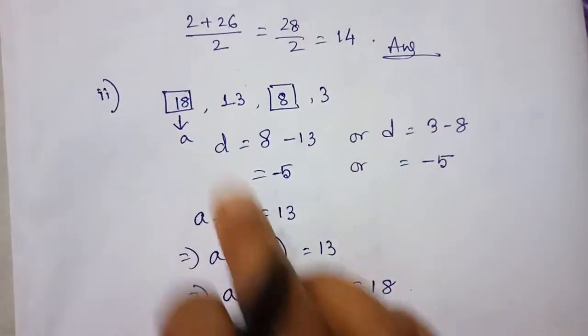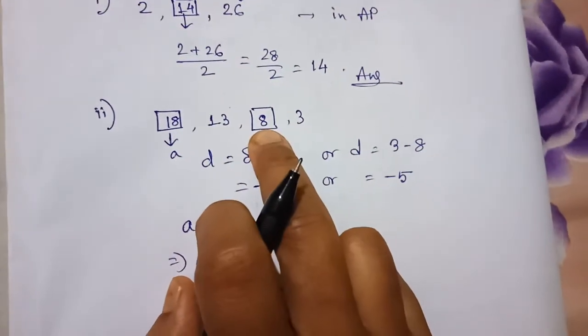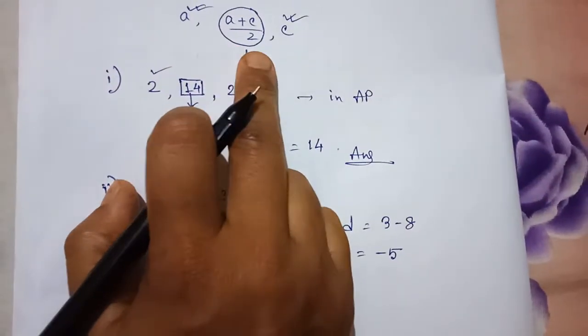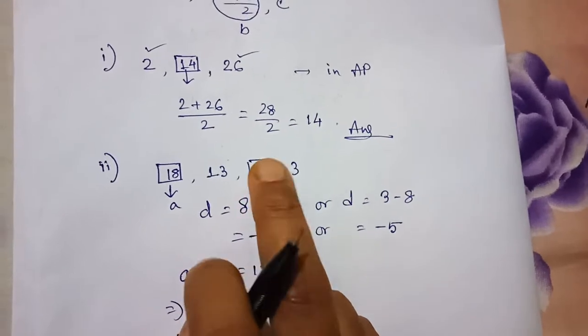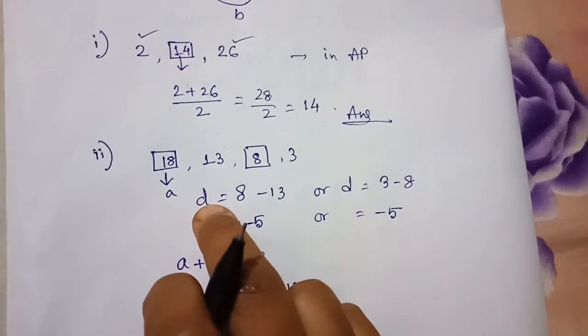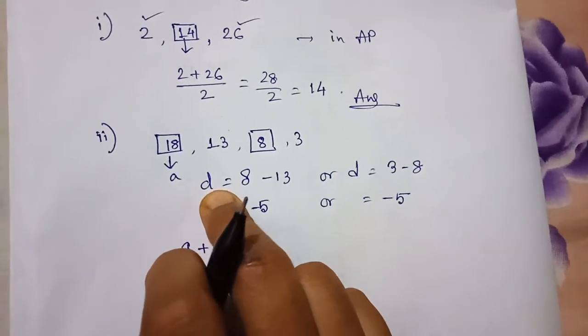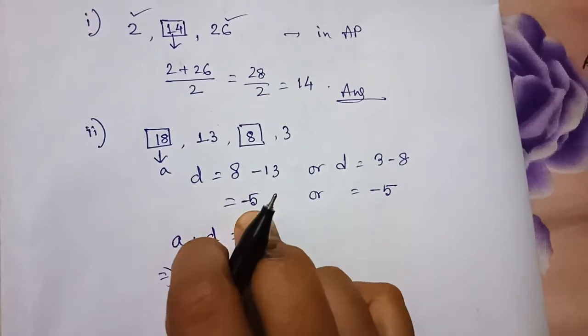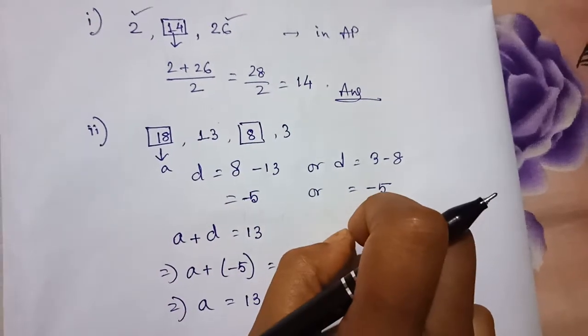Again I am repeating this question. The second box is to be filled first by the formula (a plus c) by 2, the arithmetic mean formula. Once we have these three consecutive numbers in AP, we can easily find the common difference with the formula next term minus the previous one. We got minus 5 in both cases.